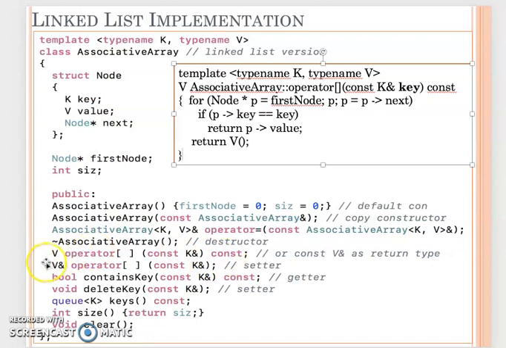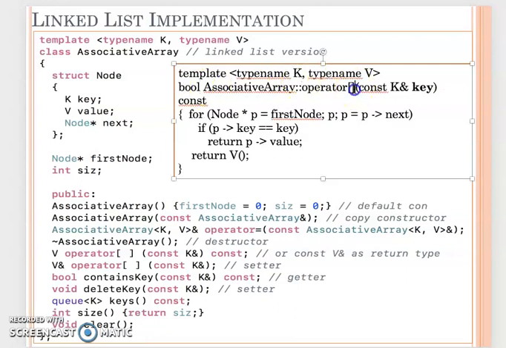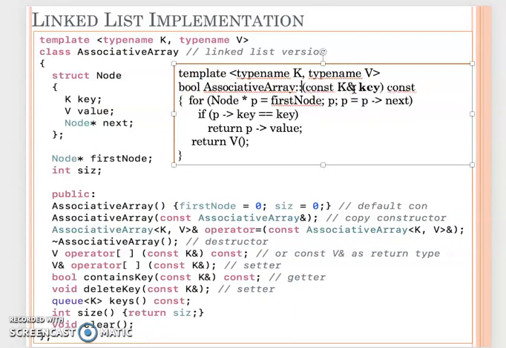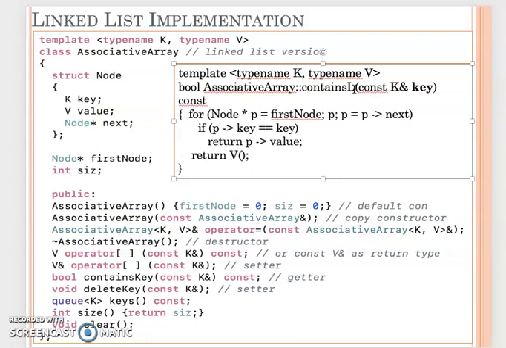Now the same thing, how about the next getter function, the contains key? The contains key will have a bool return type. Again, we pass in the key. Here, our function name is containsKey.